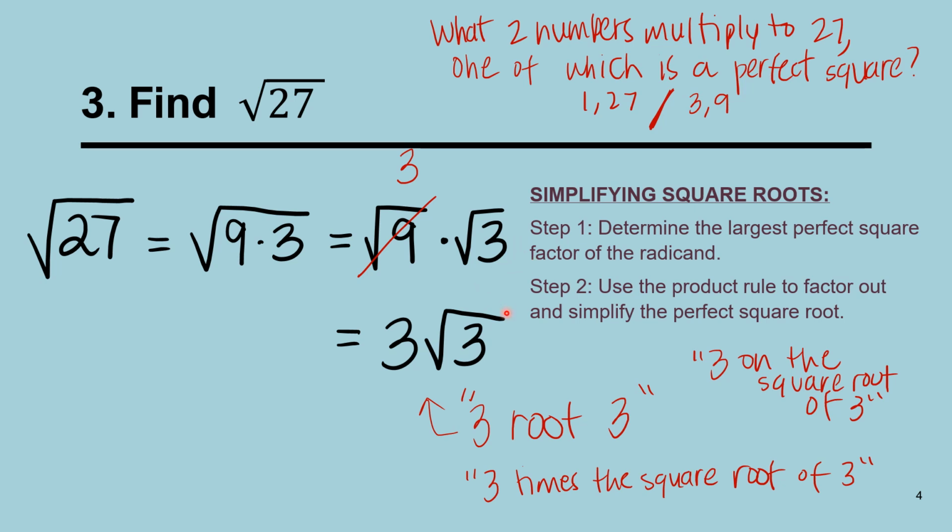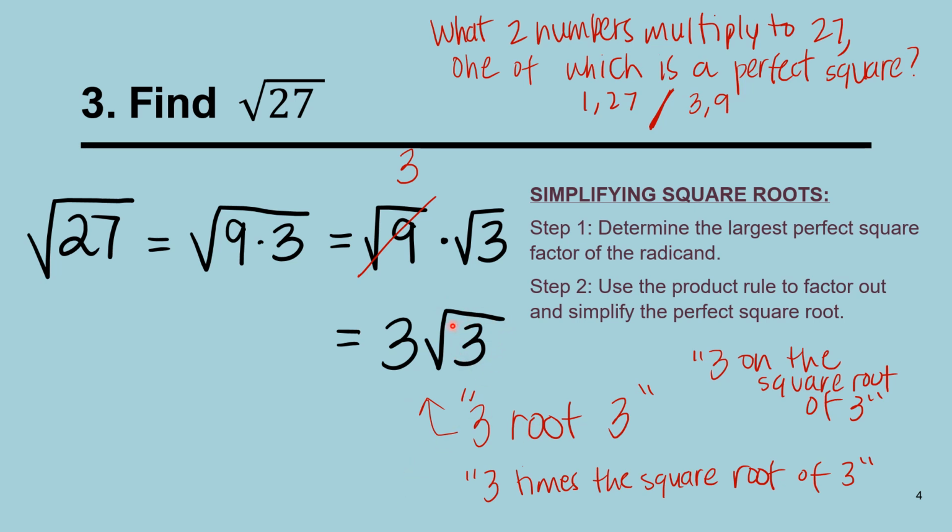And let's see, there was one more thing I wanted to say. For the square root of 3, there are no factors of 3 that are going to make this any simpler. The only things that multiply to 3 are 3 and 1. So this square root is not going to be able to be broken down any further, but that is something you should check before you circle and decide that that's your final answer.